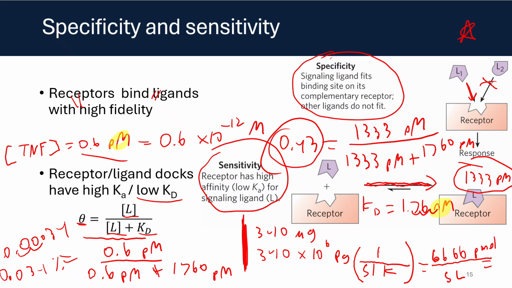That is a very sensitive response. We took 340 micrograms of protein. That is less than 1/10 of the mass of a grain of sand. And by injecting that into a person, we've saturated half of all their receptors, give or take. If that doesn't convince you we're sensitive to these signals, I don't know what will.